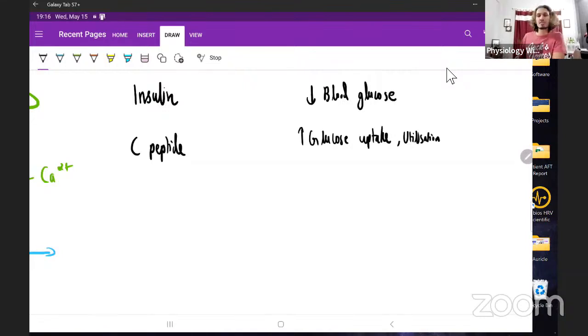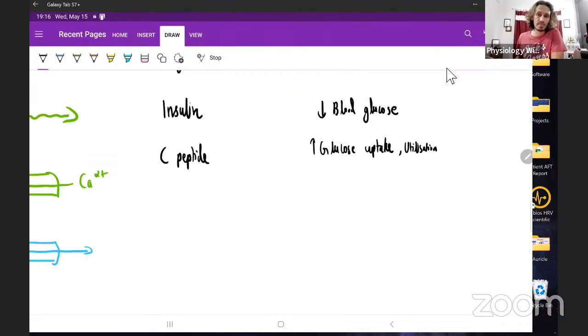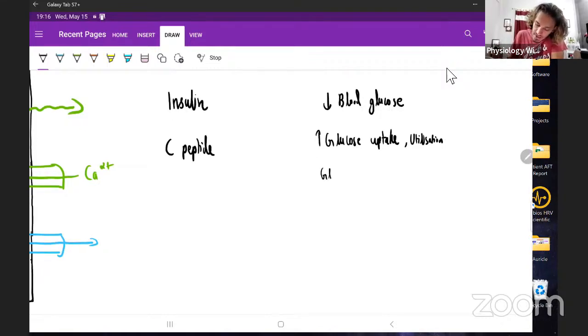So not only uptake, the utilization of glucose for energy is also increased. Now excess glucose is stored as glycogen. So whatever is used will get used, the rest of it is stored as glycogen.